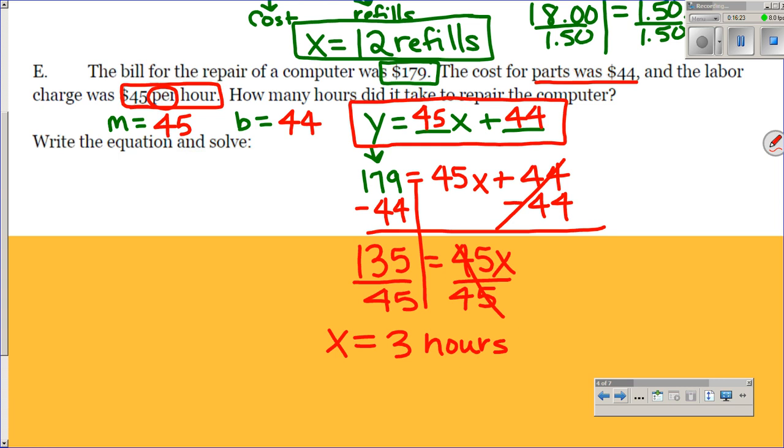Now solve for x. So we subtract 44 from each side. That simplifies to 135 equals 45x. And now to undo the multiplying, divide each side by 45. 135 divided by 45 simplifies to 3. And remember, x represents hours, so that's 3 hours it took to complete the job of repairing the computer.